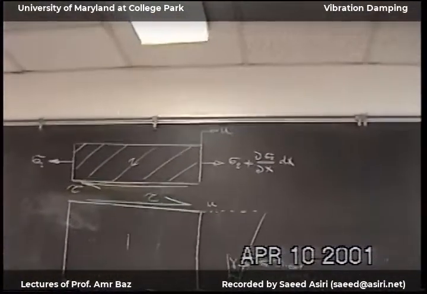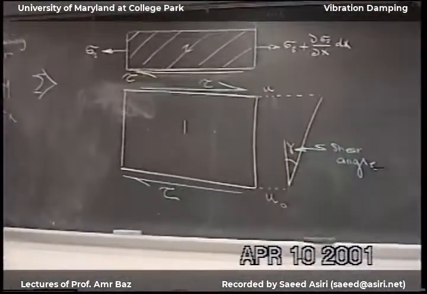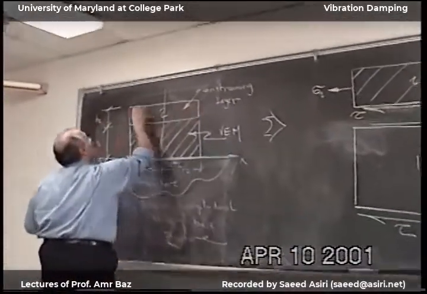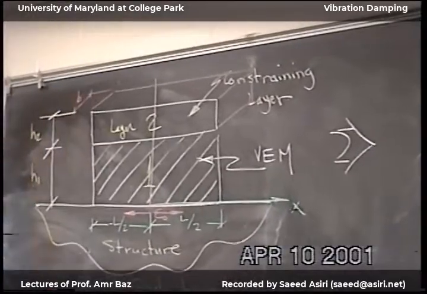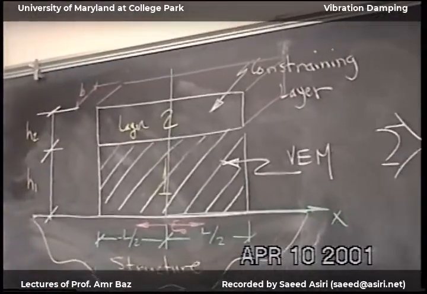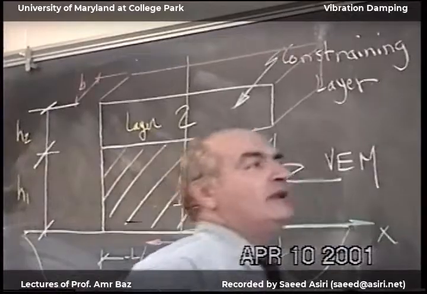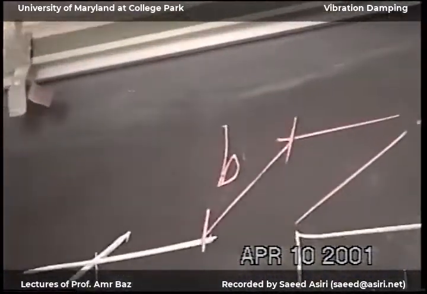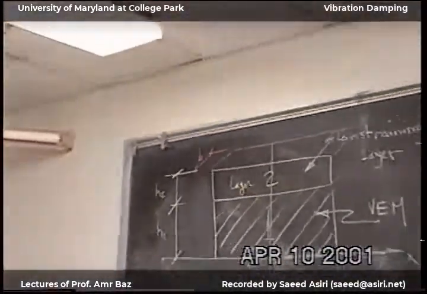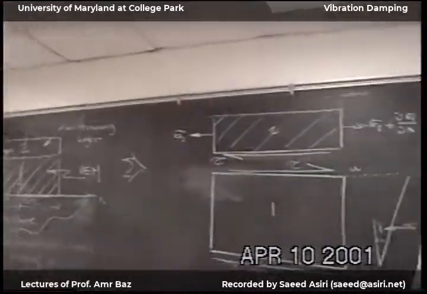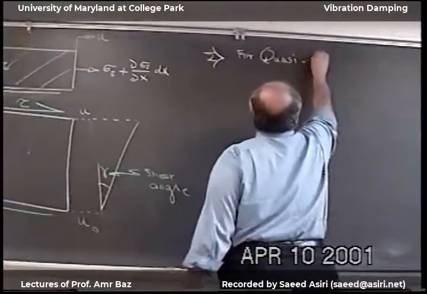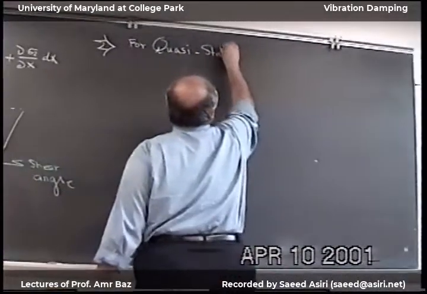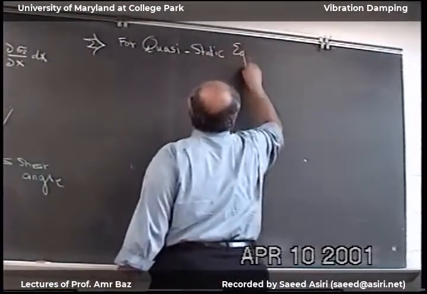Well, let's just say here that this is B width. Okay, so now we'll do equilibrium. And I'm going to do this for quasi-static equilibrium.